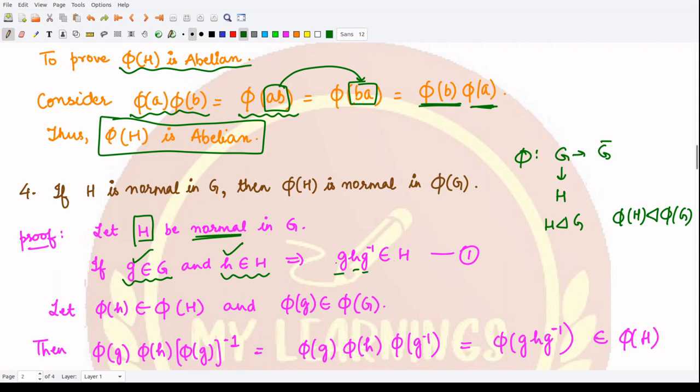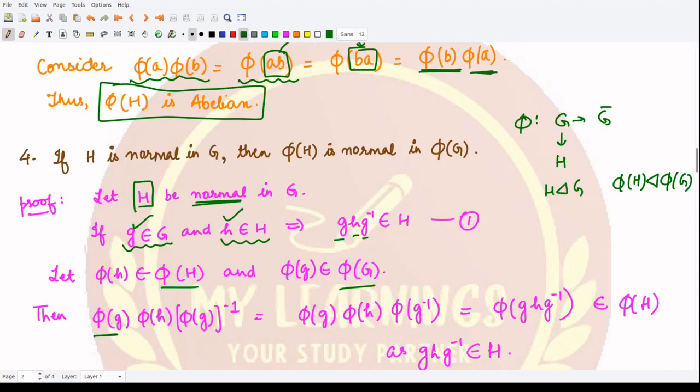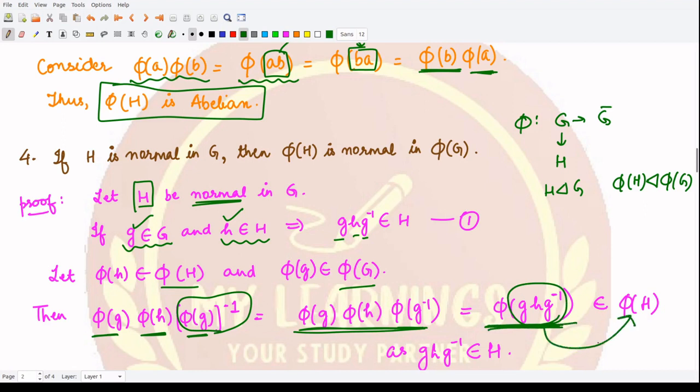Now if you take phi of small h from phi of capital H and phi of small g from phi of capital G, then the element phi of g, phi of h, phi of g whole raised to the power inverse, by the property of homomorphism, you can write as phi of g h g inverse. Because g h g inverse is present in capital H, this complete element is present in phi of capital H.